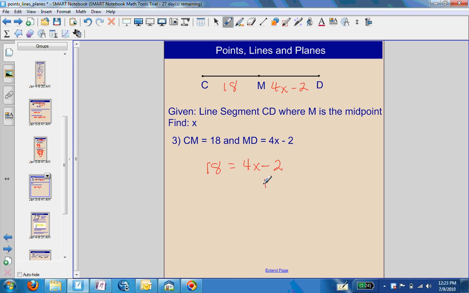I'm going to add 2 to both sides. So I end up with 20 equaling 4x. Divide both sides by 4 to get x by itself, and x equals 5. And I can check. 4 times 5 is 20, minus 2 does equal 18, and those two sides are congruent.